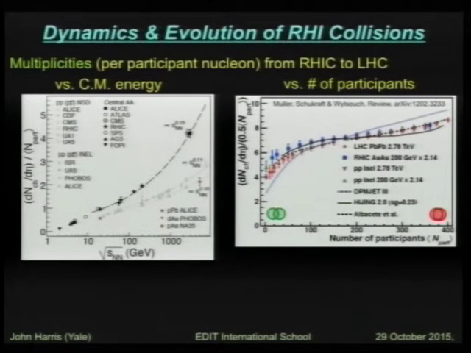Now, here's versus center of mass energy, and take a look at this. First of all, the proton-proton data are just gray data here, and you see that all the heavy ion data go up, and maybe at the lower energies, less than a TeV, it could be linear. Likewise, the heavy ion data could be linear.